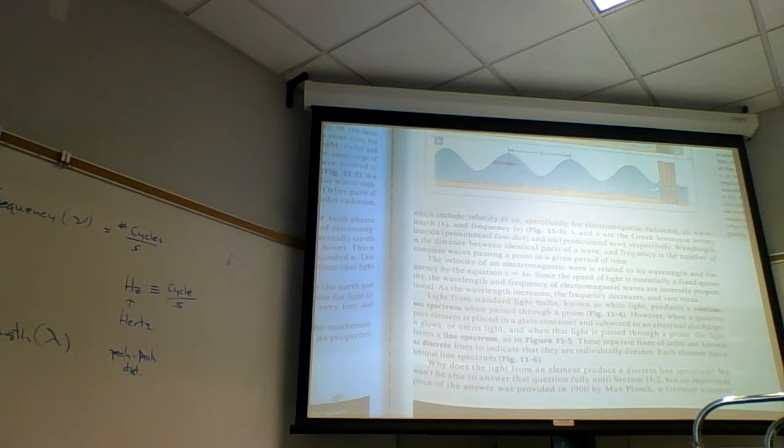If you know the frequency, you can figure out the wavelength. If you know the wavelength, you can figure out the frequency by using this equation. I'm not going to do any calculations yet. We'll do the calculations at the end. And so if I want to solve for wavelength, wavelength is just equal to C, which is, you look it up, over nu. Or if I want nu, it's just C over lambda.